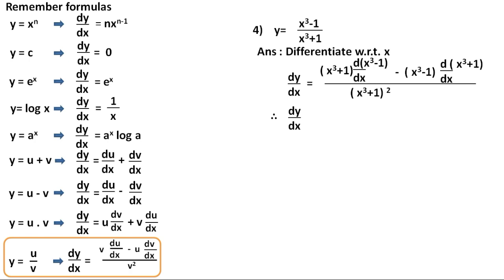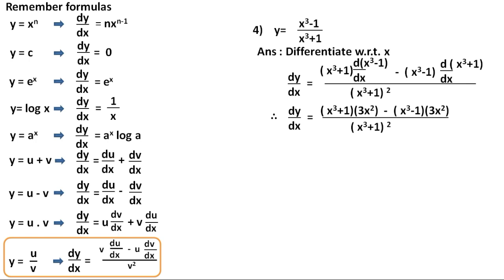And derivative of x raised to 3 is what? 3x square. And derivative of plus 1 is what? 0. Therefore, it is 3x square. Okay. Therefore, dy upon dx is equal to, in bracket, x raised to 3 plus 1 into 3x square minus x raised to 3 minus 1 into 3x square. Okay. Whole divided by x raised to 3 plus 1 square.